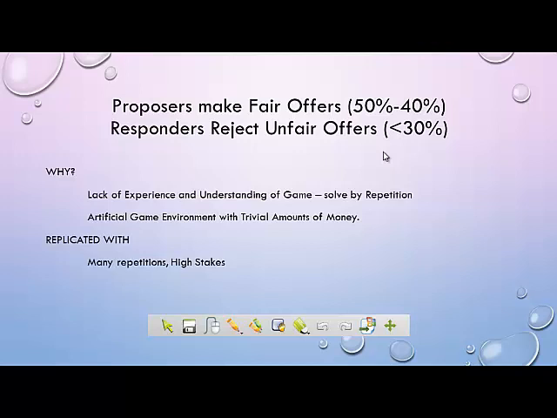The lesser puzzle, the less strong contradiction, is that proposers also know about human beings, even proposers who are not economists. They understand human behavior, so they do not make unfair offers. In general, unfair offers are very few.